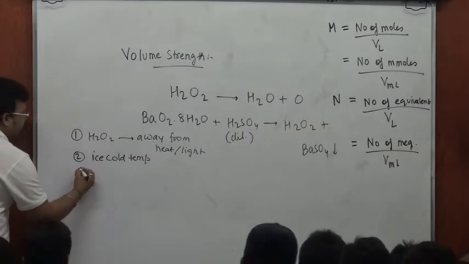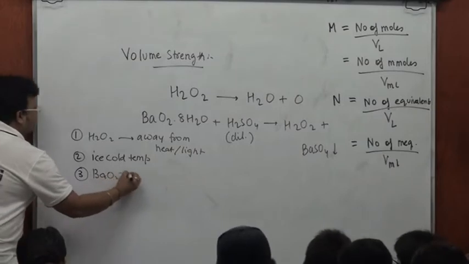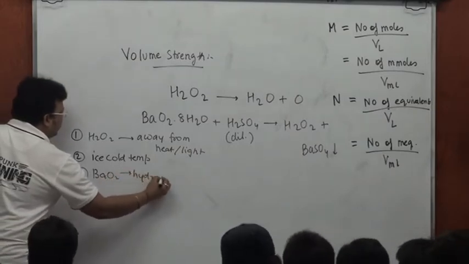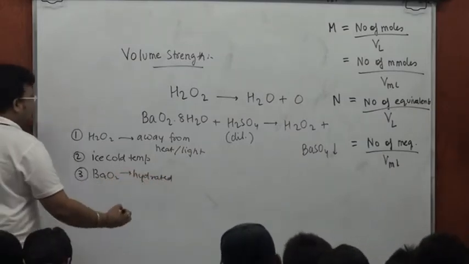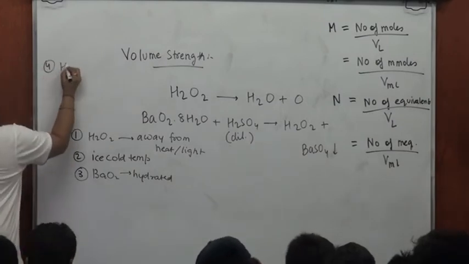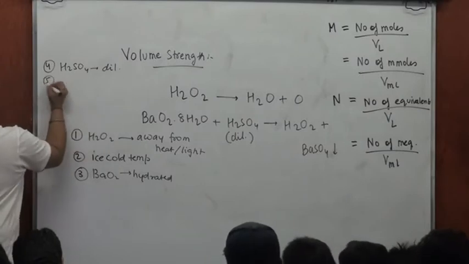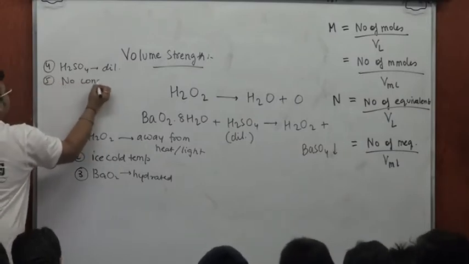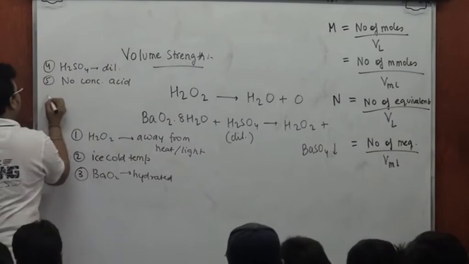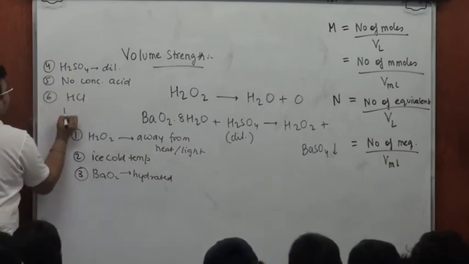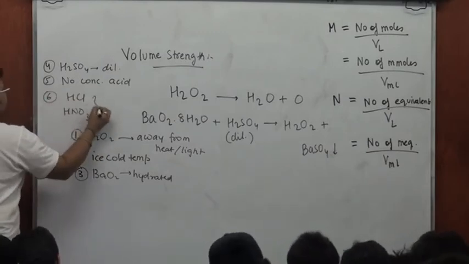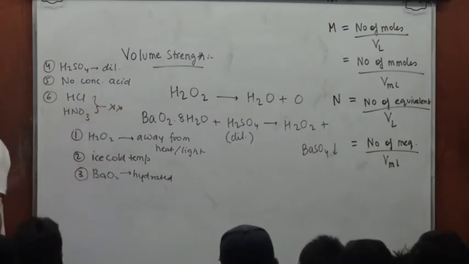Barium peroxide taken, you could see, is always the hydrated one. Sulfuric acid is always dilute. No concentrated acid is used. HCl or nitric acid, even in the dilute form, are not used at all.